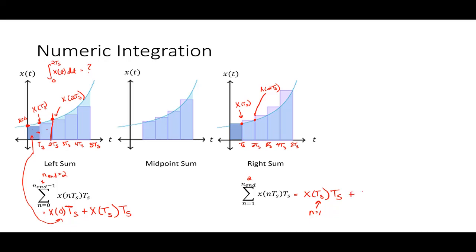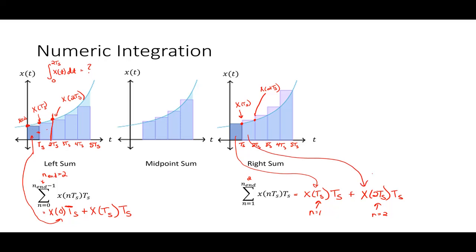And then I have x of 2t sub s times t sub s. This is what I get for n equal to 2. All right? So the area of the first rectangle is this guy. Area of the second rectangle is this guy.